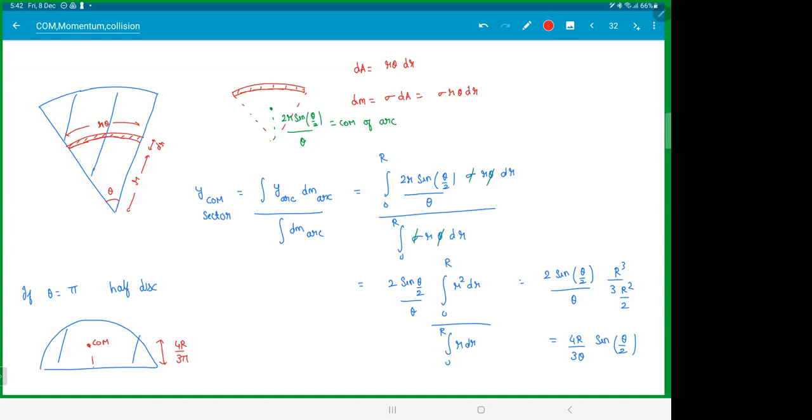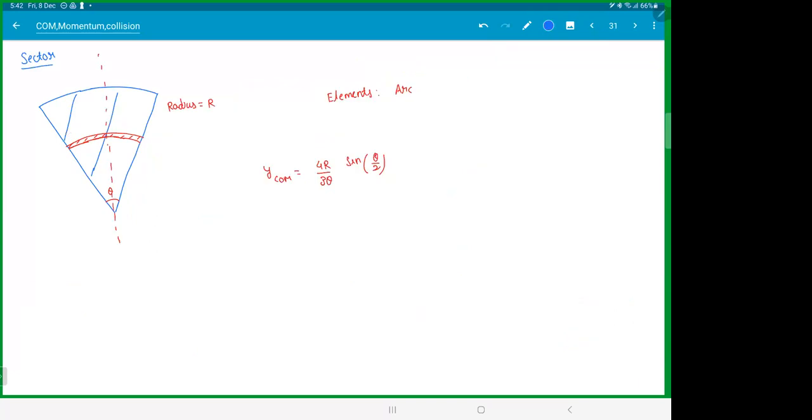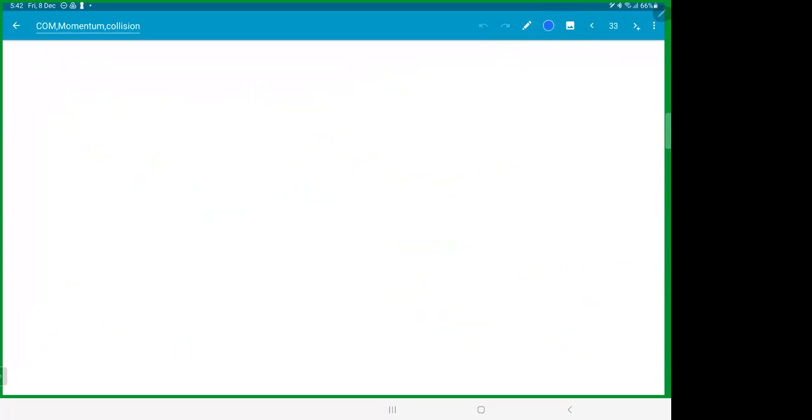Clear, everyone? Next one. What if you take a hollow hemisphere of radius r?